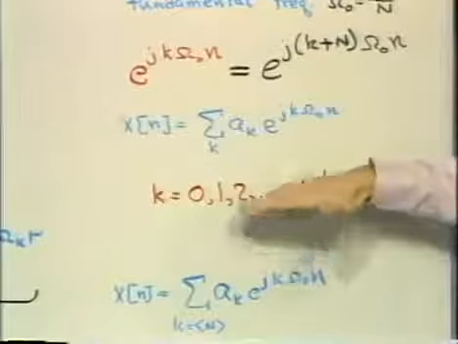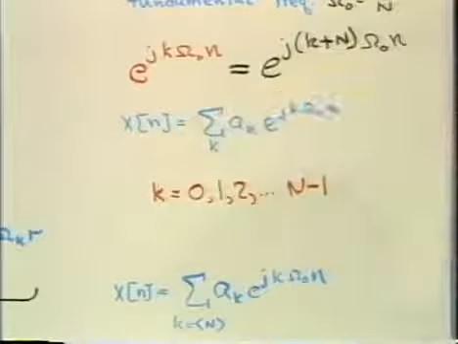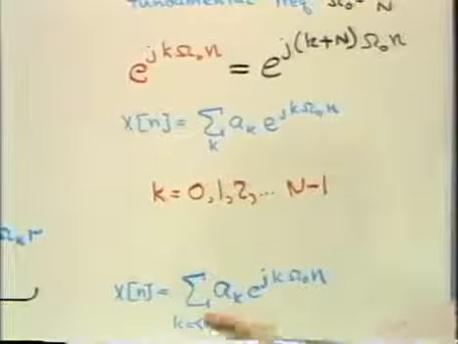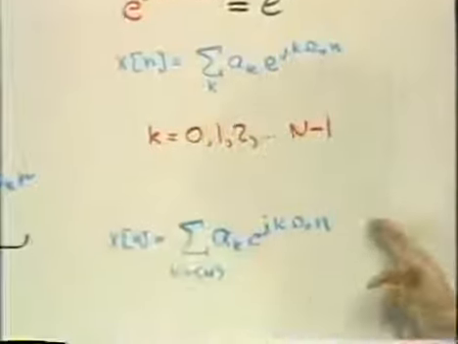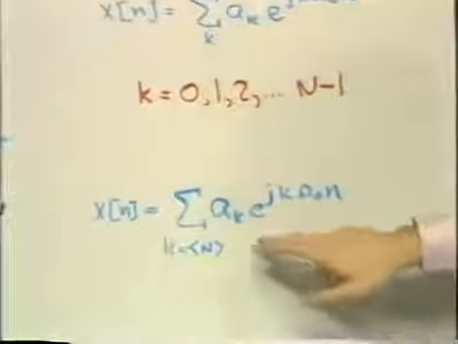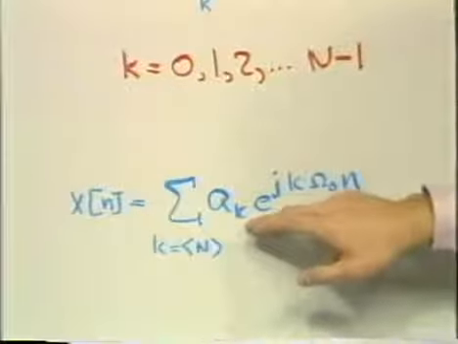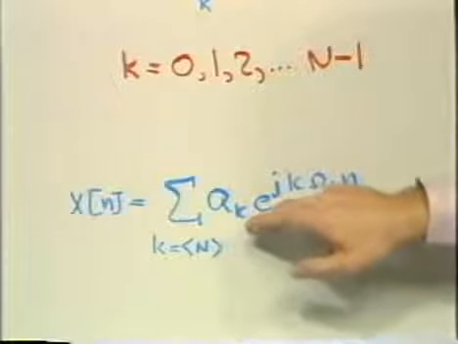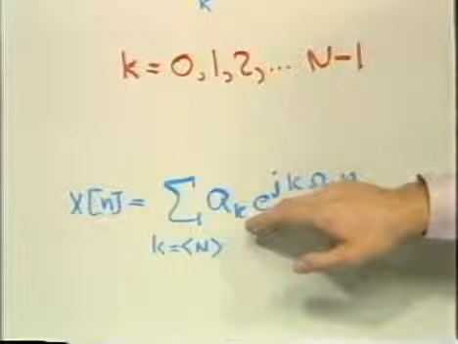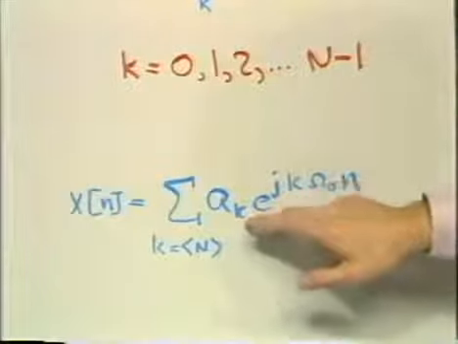So in place of this expression, it will be common in writing the Fourier series expression to write it as I've indicated here, where the implication is that these Fourier coefficients periodically repeat as k continues outside the interval from 0 to N minus 1.